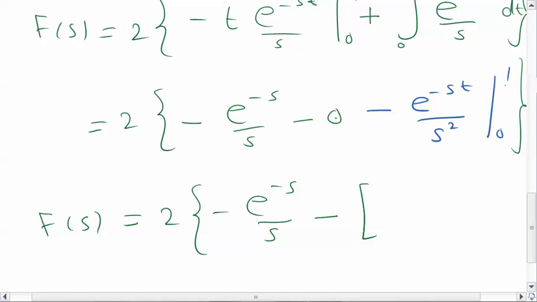Again, put the top limit, it will be minus e to the minus s over s squared, minus, when you put 0, you will get 1 over s squared. Okay, so now that's the final answer for your Laplace transform of the function given to you.